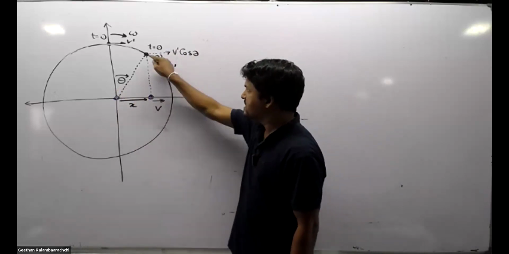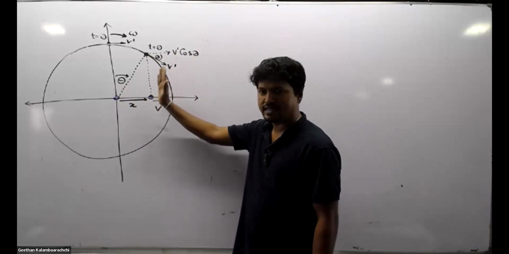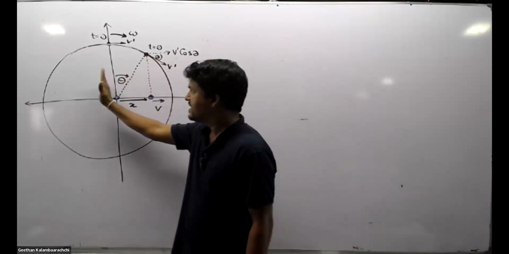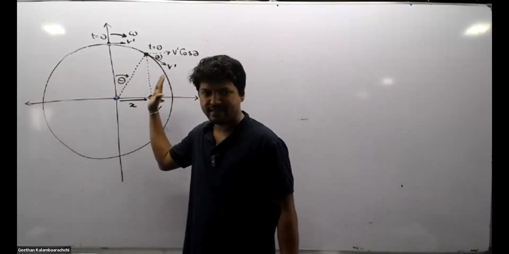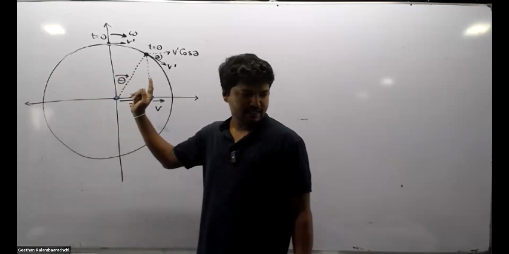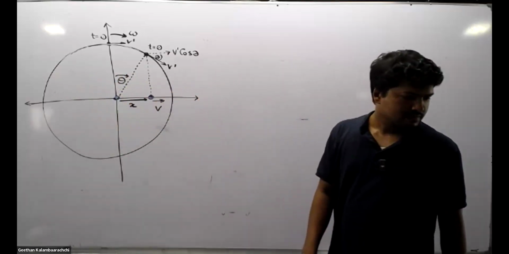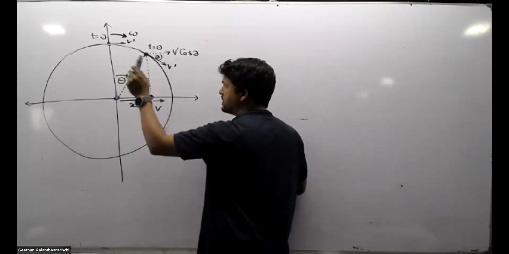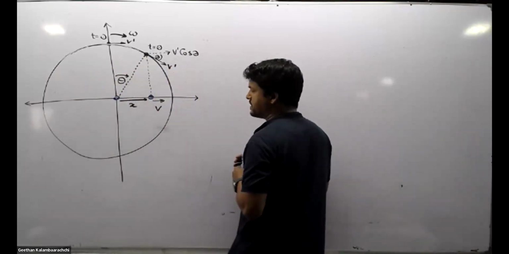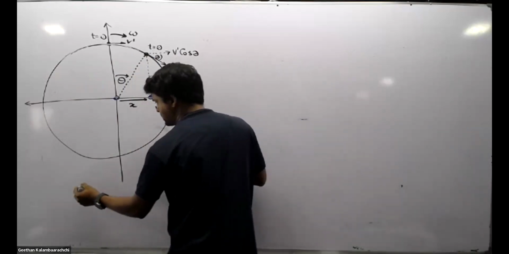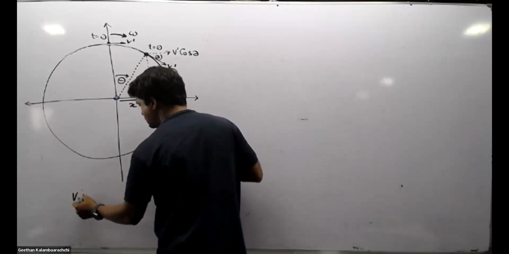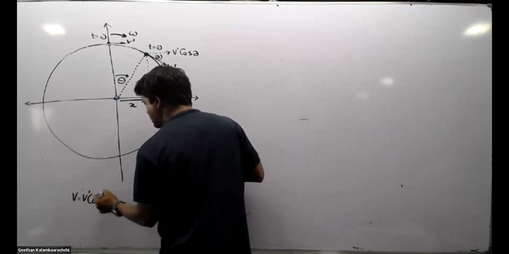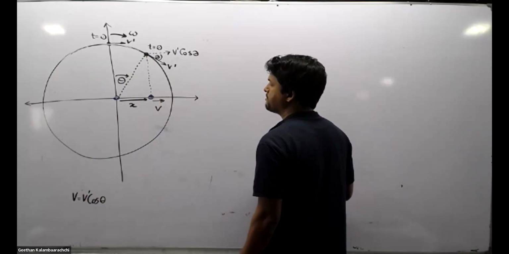So horizontal speeds at any point of both of them should be equal. So v equals v dash cos theta.